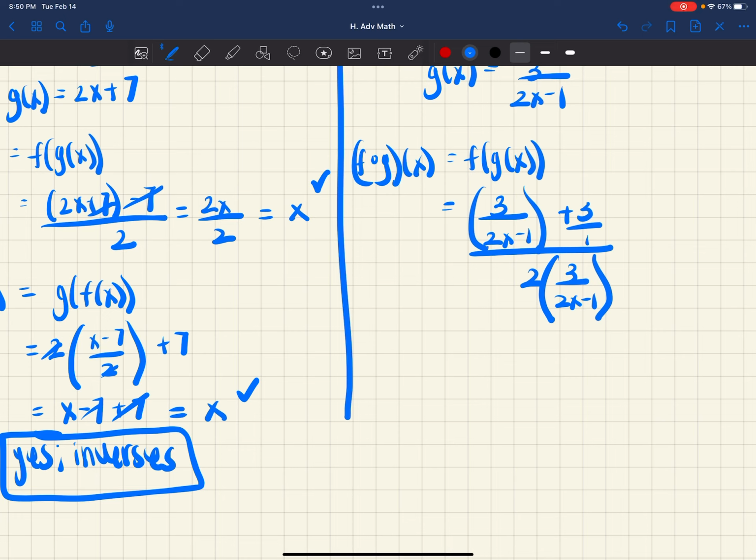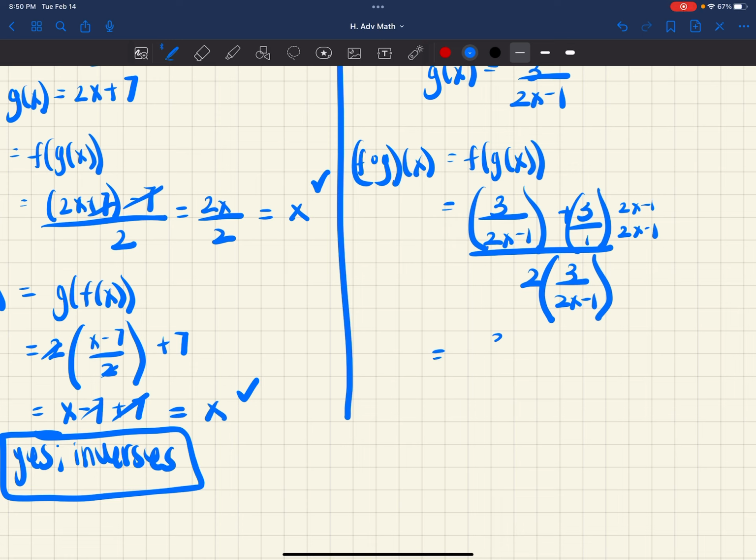In the numerator, I see two fractions that need to be added together. As you just saw me do, this 3, I changed it to a fraction by putting it over 1. So now I have a fraction being added with a fraction. Remember, you need to get a common denominator if you are going to add fractions. So in this case, I'm going to multiply this entire second fraction by 2x minus 1 over 2x minus 1 so that we have a common denominator.